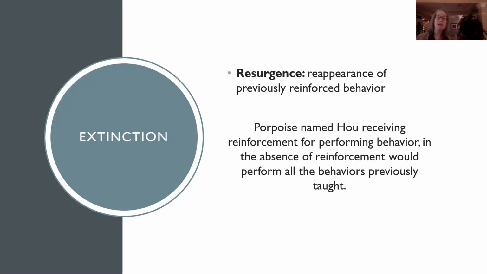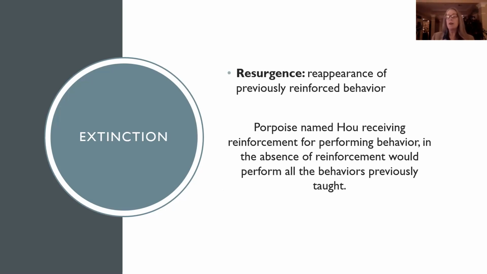Sometimes when you're trying to extinguish a behavior by no longer giving the reinforcer, and you're going over and over and over of not giving the reinforcer, the organism will start giving you other behaviors that they were reinforced for. So Daisy might stop sitting, but now she's doing something else that I had reinforced her for earlier in her training.